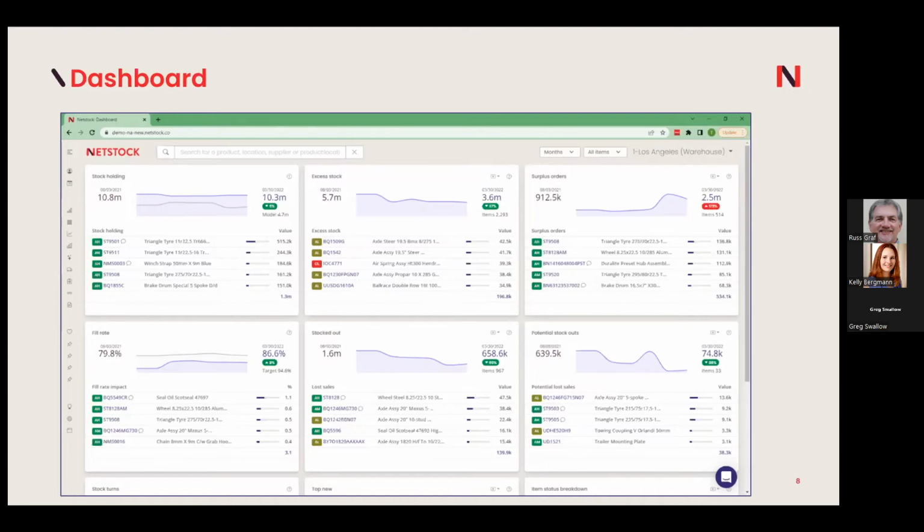So this dashboard, as you can see, is color-coded, graphical, and really easy to navigate. And by the way, if you've seen our product before, you'll notice maybe that this is a brand new interface. We've just recently released a major upgrade to the application that is more effective and powerful than ever. We've got over 2,000 companies around the globe using this application today, as I may have mentioned.